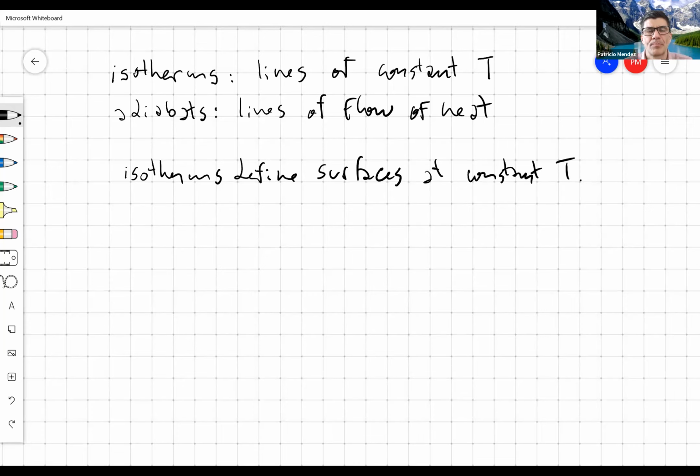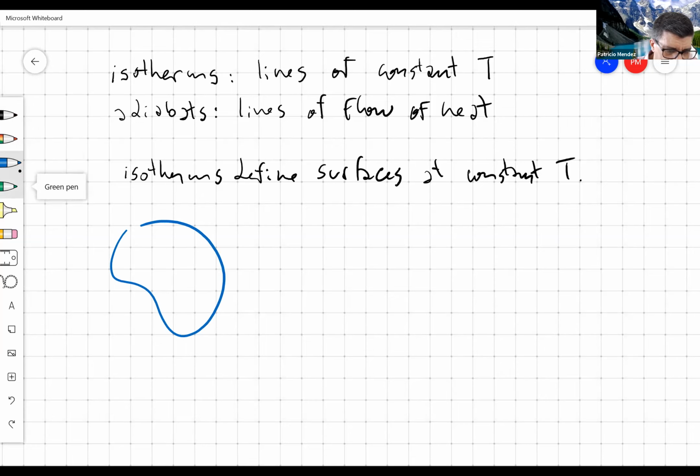For example, if I have a system, whatever its shape, let's say our universal potato, and I say that this region, the boundary condition here in green, is, this is a common boundary condition, that would be an isotherm.